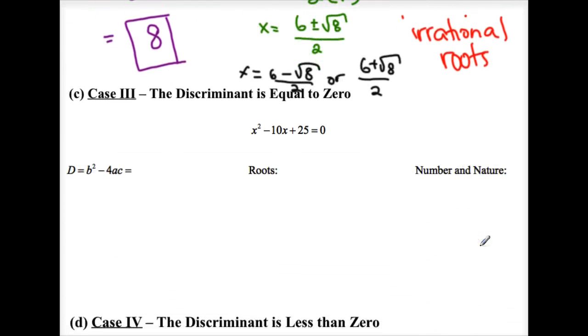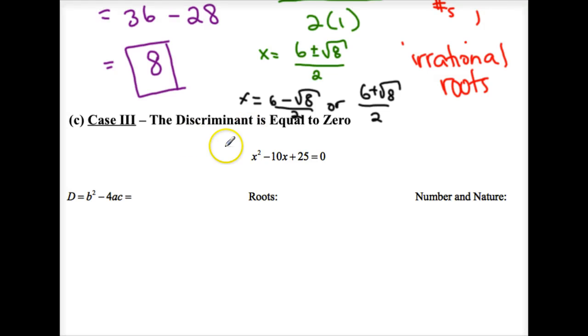There are two more cases we need to look at. So case 3 says when the discriminant is equal to 0, what happens? So in this case, you know the discriminant is going to equal 0, but nonetheless, let's do this. A is 1, B is negative 10, and C is 25.